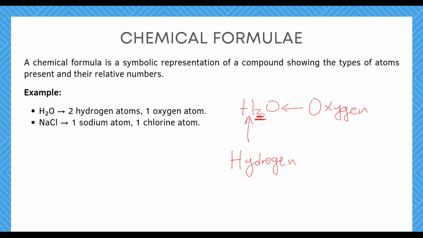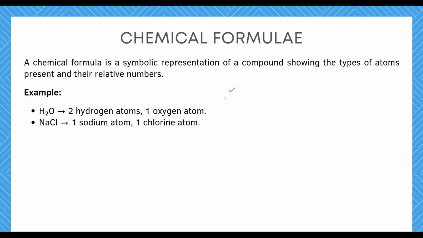Is that correct? Yeah. And then we have one oxygen atom. So that is what a chemical formula is. It is a symbolic representation of a compound showing the types of atoms that are present and their relative numbers. Any confusion? No, not so far. All right then. How about this formula over here? Does this ring a bell?